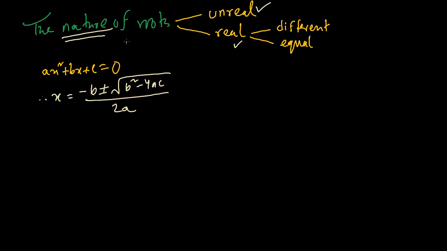So since everything depends on what is inside the square root, the determining factor would be whatever is inside the square root.